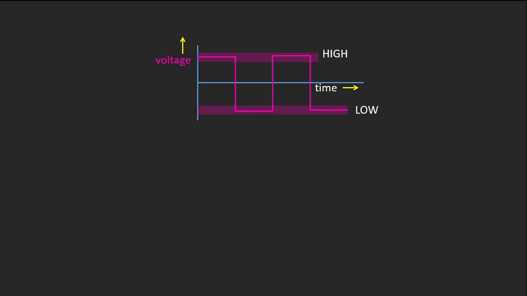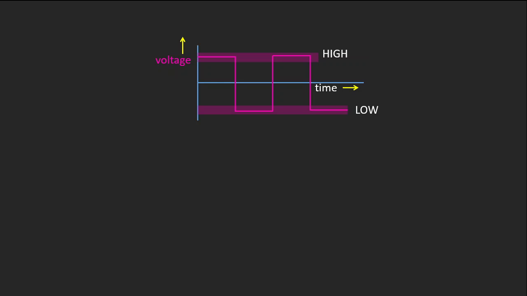Because of some electronic configurations and some problems, it may happen that the considered high voltage of 5 volts may not be reached, or may be exceeded, but it will still be considered as a high voltage or a low voltage. So these two, high voltages and low voltages, are the ones responsible for creating a digital signal.